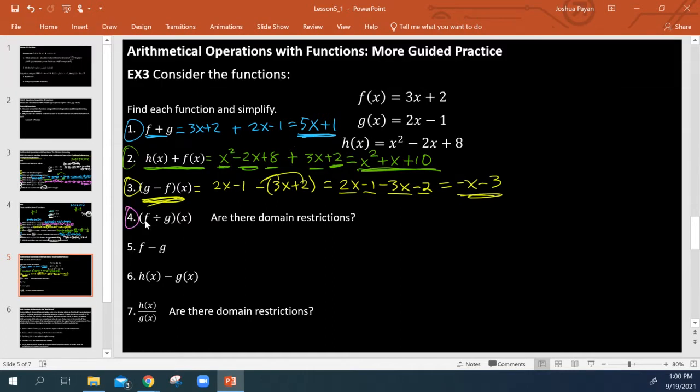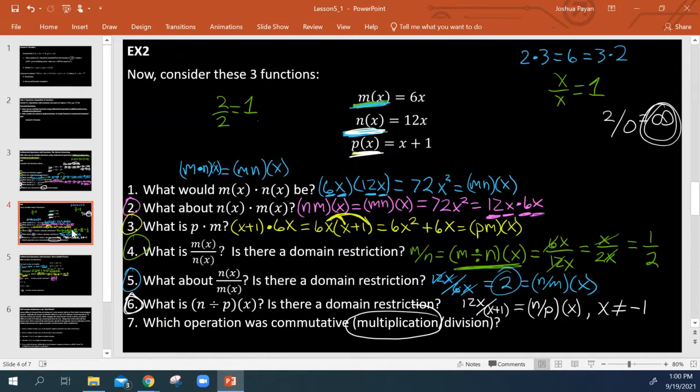Now f over g, so f divided by g. That would be 3x plus 2 over g, which is 2x minus 1. I can't simplify anything like I could back here, where I had the real cute fractions that I could reduce.